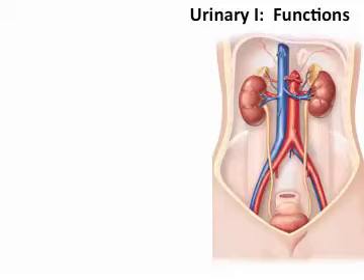And then you can see those yellow tubes coming out of the kidney. Those are the ureters. That's where urine empties from the kidney, travels in the ureter, and then you can see the ureters, both the right and left ureter, empty into the urinary bladder, which is that structure at the bottom of the cartoon.